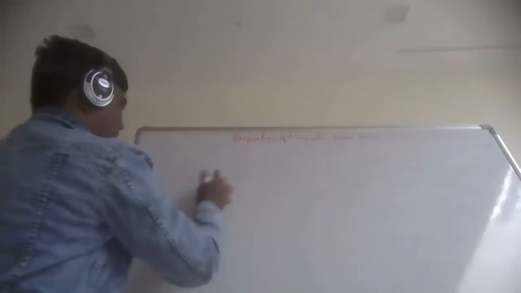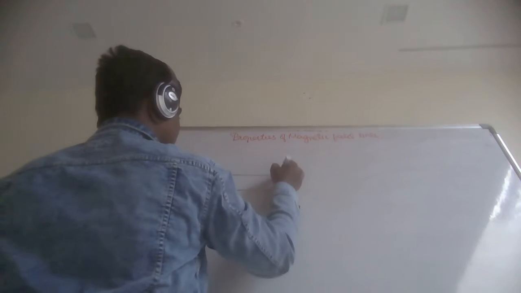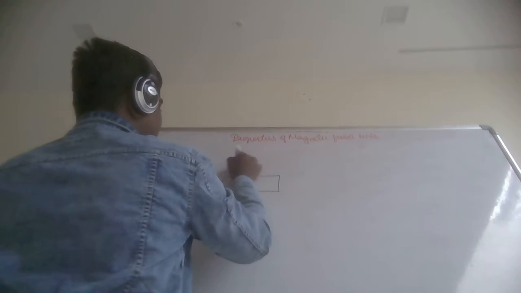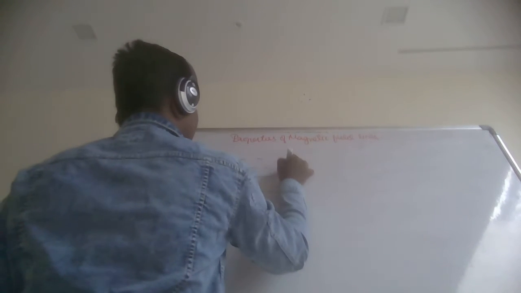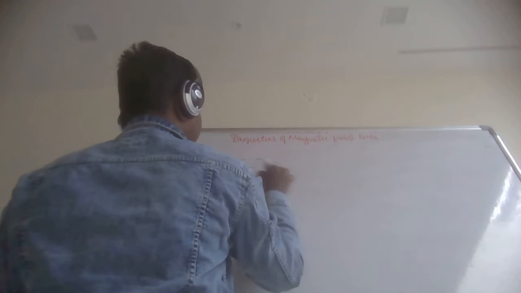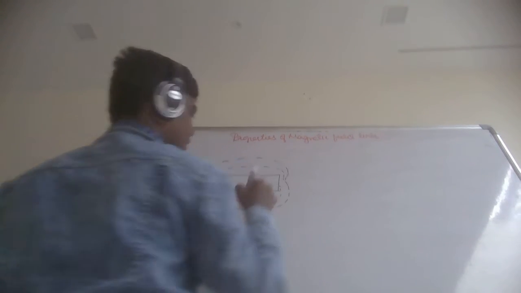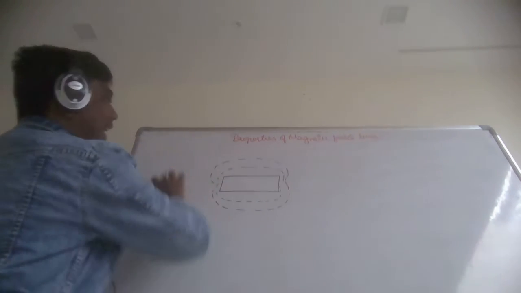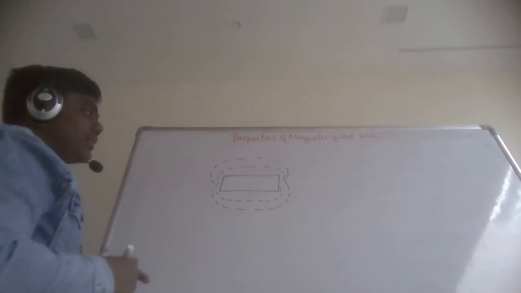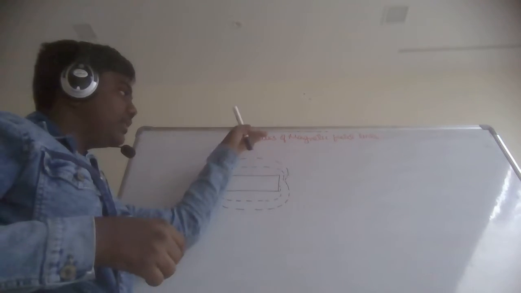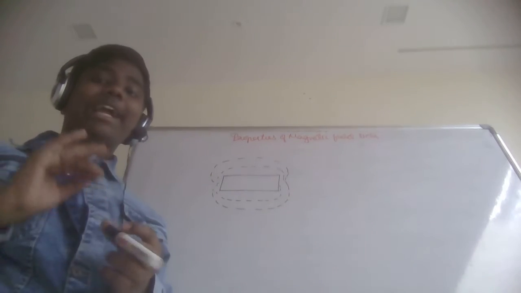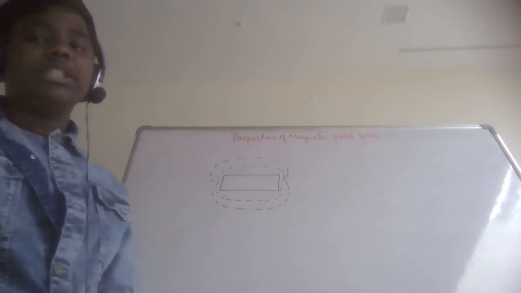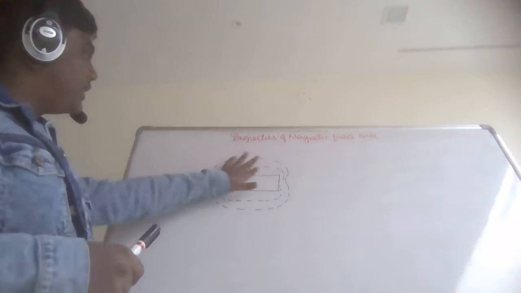Now, if you take a bar magnet and sprinkle some iron filings, they resemble this shape, which means there is a magnetic field generated wherever we see the iron filings form this pattern.